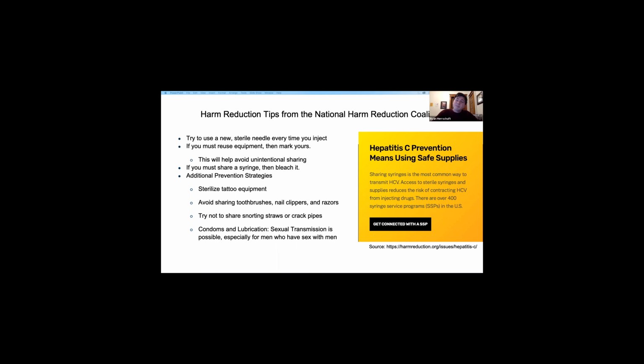And then sexual transmission of HCV is much rarer, but it can occur. There especially seems to be an increasing amount of hepatitis C transmission through the sexual route among men who have sex with men. So whenever possible, use condoms and lubrication to mitigate the risk of hepatitis C spread.